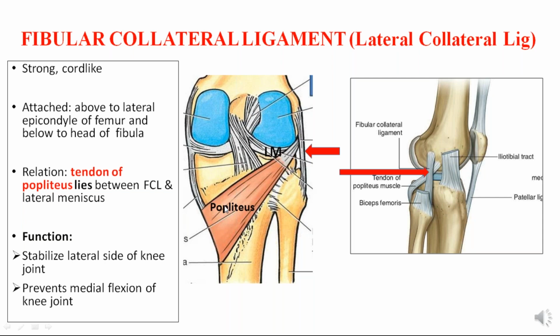This is the popliteus muscle, and this is the tendon of popliteus. The tendon of the popliteus is between the fibular collateral ligament on the lateral side and the lateral meniscus. The fibular collateral ligament stabilizes the lateral side of the knee joint and will prevent medial flexion of the knee joint. So it is going to strengthen the knee joint from the lateral side.